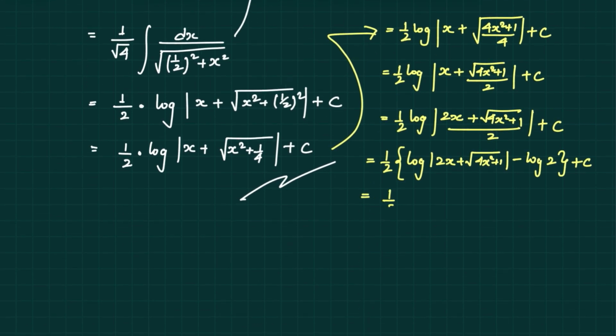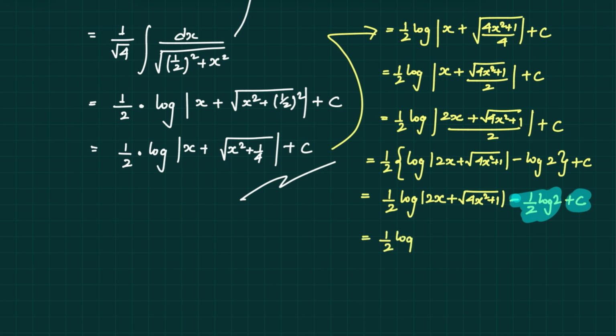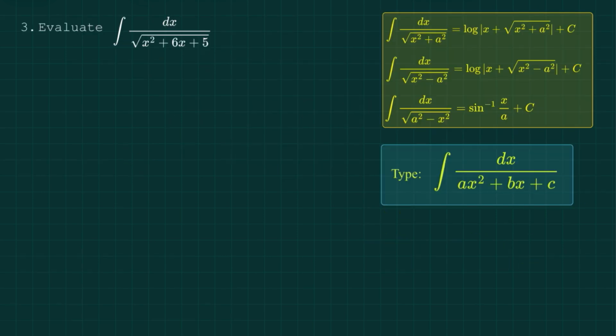Opening the bracket, we will have 1 by 2 log of 2x plus the square root of 4x squared plus 1 minus half into log of 2, plus c. Since minus 1 by 2 log 2 is also a constant, plus the constant of integration, it has been written simply as c only. So you can find some answers to be like this.